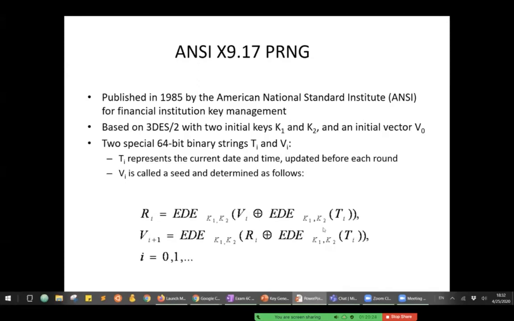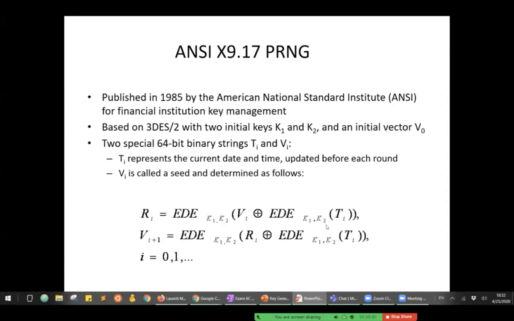These are initial keys, and these initial keys can be generated from passwords, or you just enter a 64-bit string.